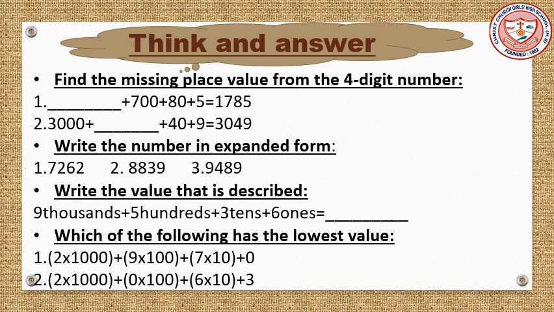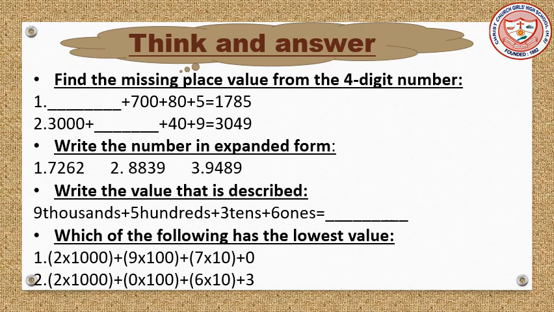Write the value that is described. 9000 plus 5 hundreds plus 3 tens plus 6 ones equal to what?